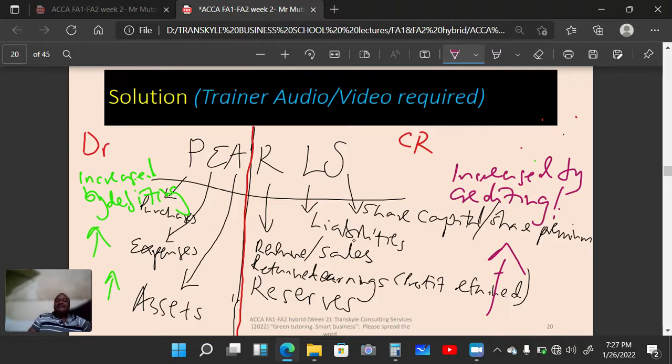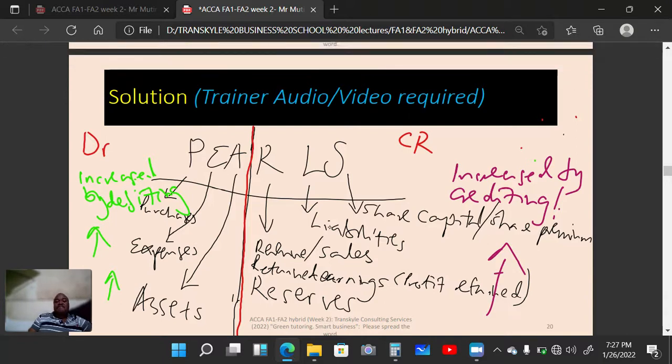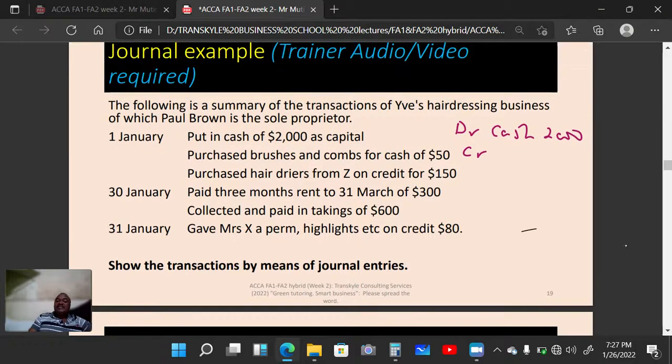Sometimes they happen on the same side. So what is happening here? We debit cash and credit what? We're going to credit capital.